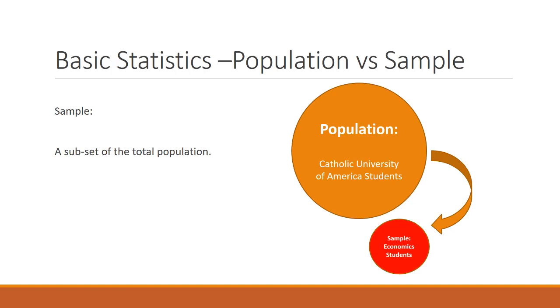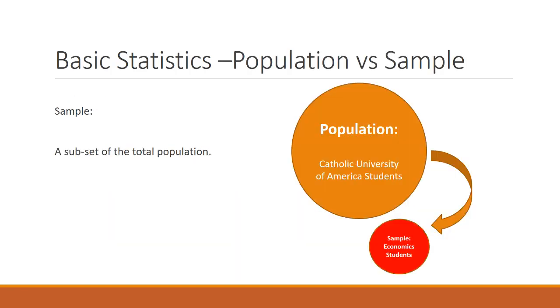So in our example here, we've got Catholic University of America students as our population, and the sample is, let's say, economics students. So we survey the economics students. We have a population, and we use our sample to study the population. We collect data on a sample, some subset of the population.